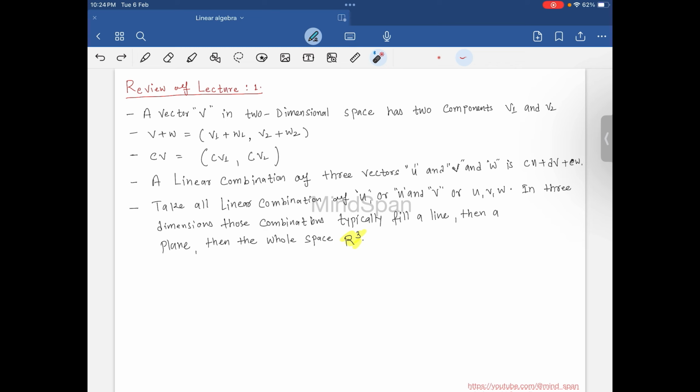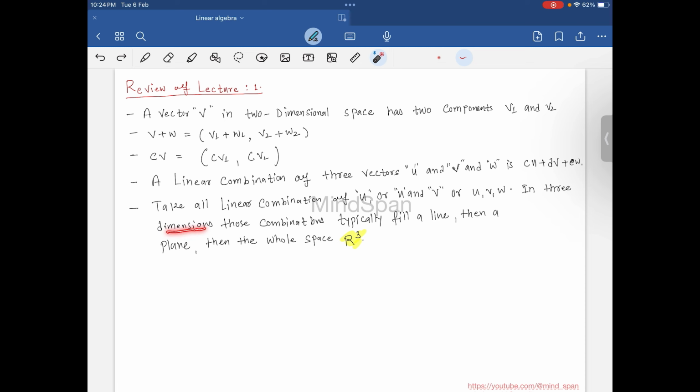Or you can take the linear combination with u and v, that is c times u plus d times v. So these c and d are the scalars and these two are vectors. Or you can take the linear combination of c times u plus d times v plus e times w. These are the scalars and these are the vectors, right?